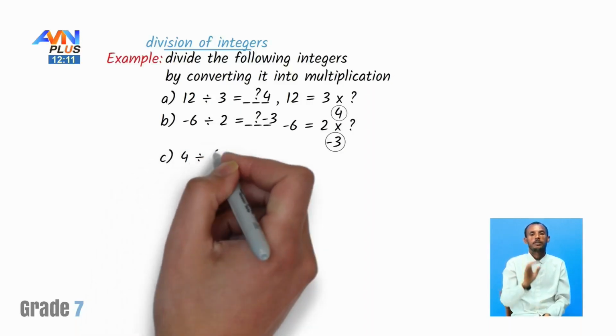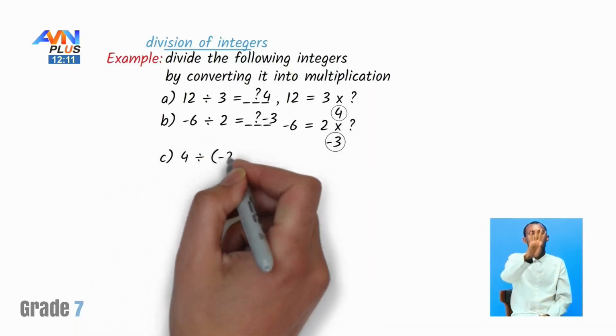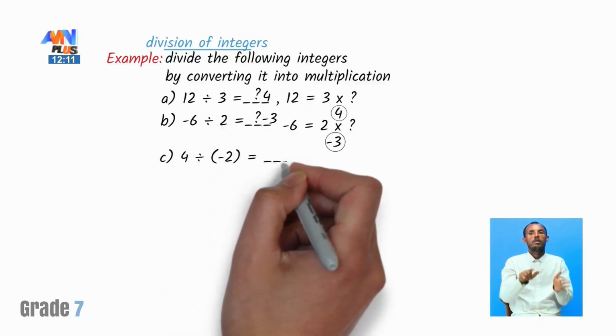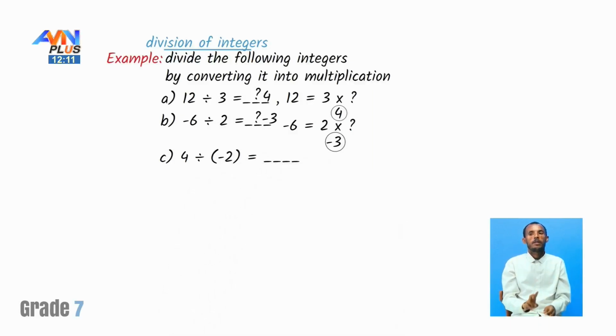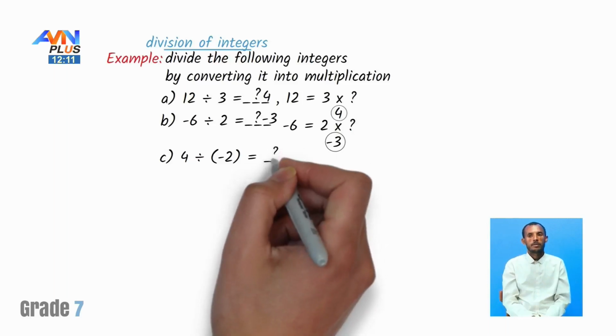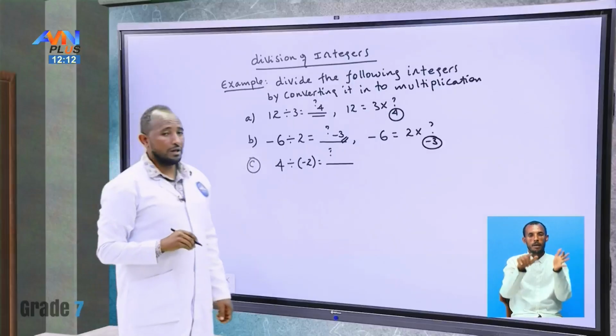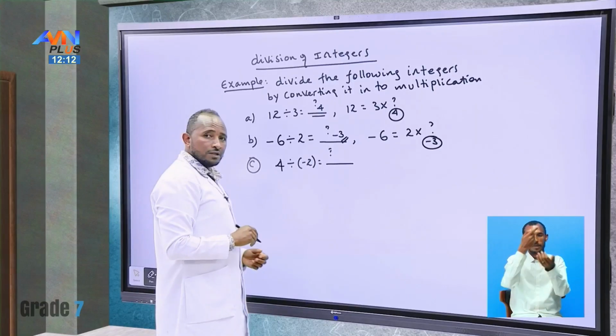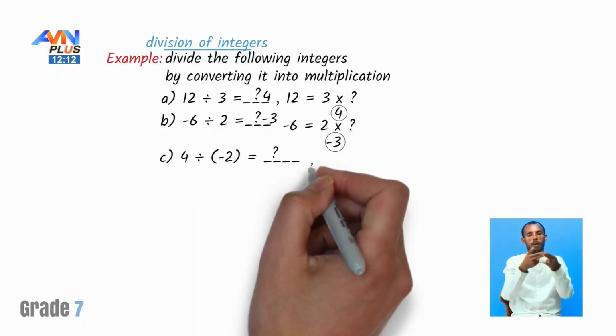Okay, take this one. 4 divided by negative 2 gives us what? 4 divided by negative 2, it gives us what? Let's convert this into multiplication form.